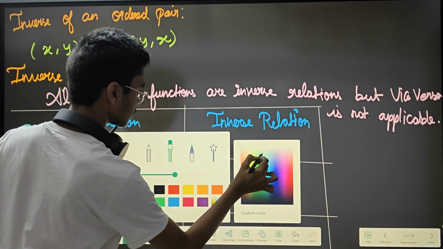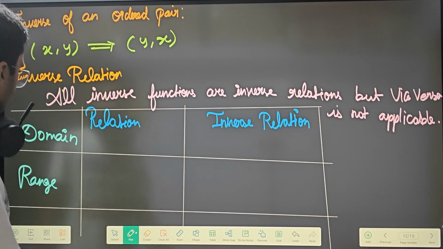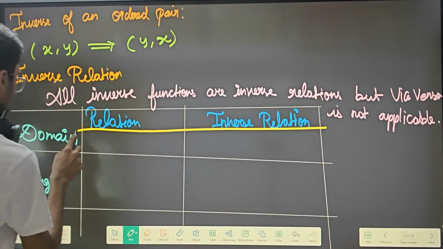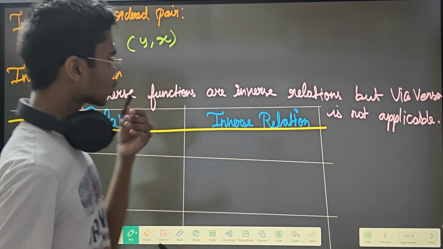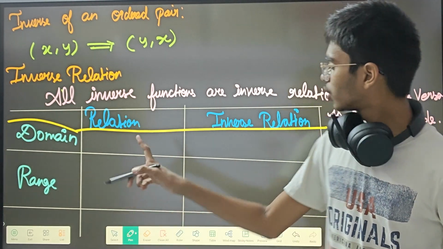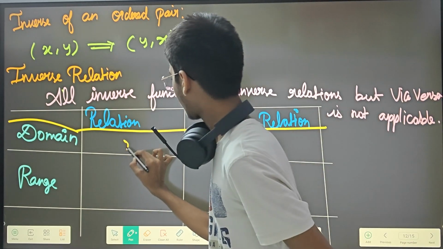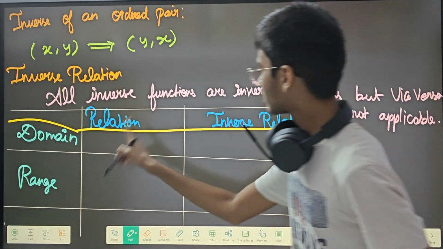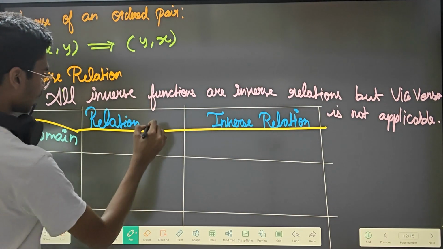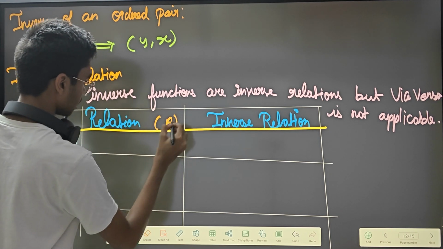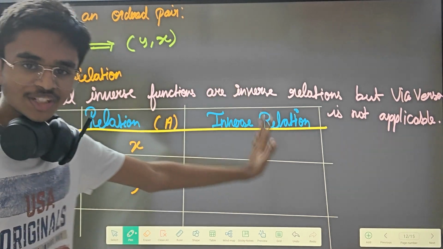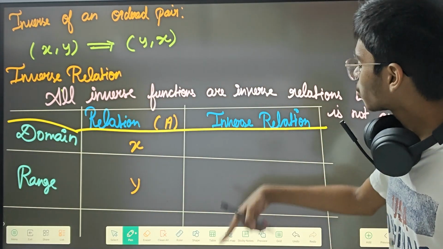Now what you have to do is, let us assume that the domain of the relation A is x and the range is y. But in case of an inverse relation, you have to just swap them.